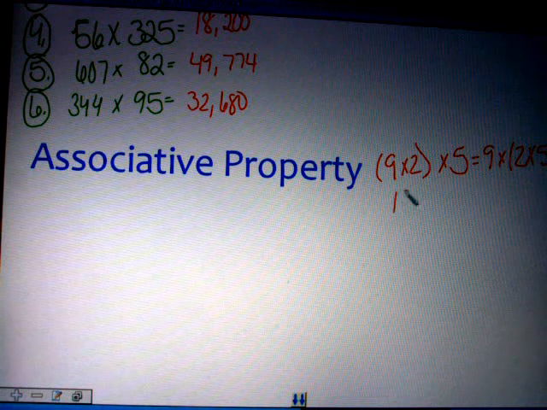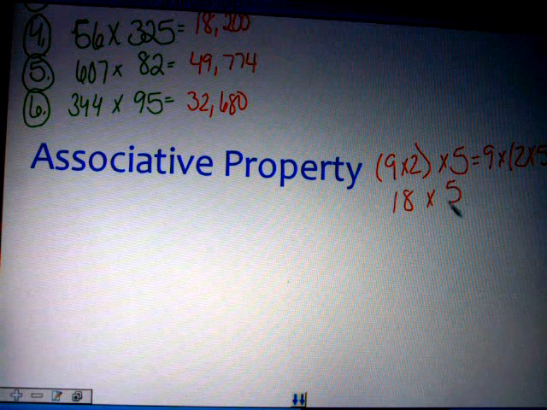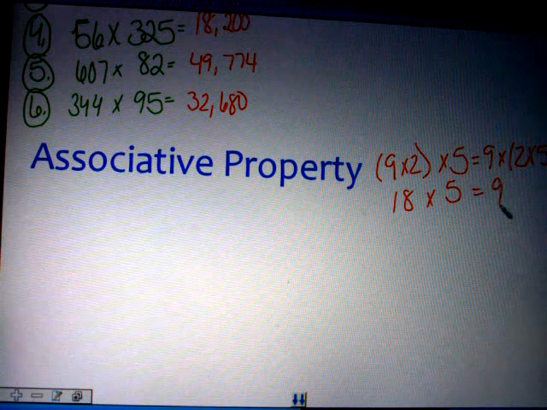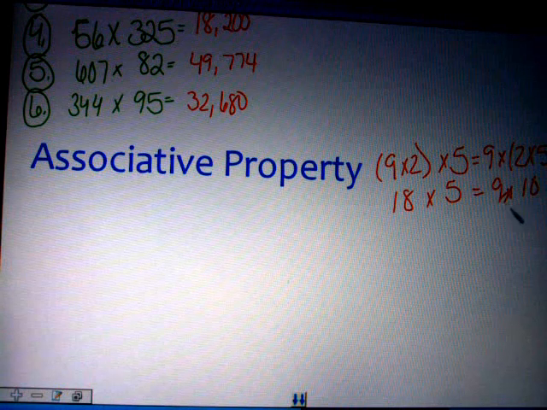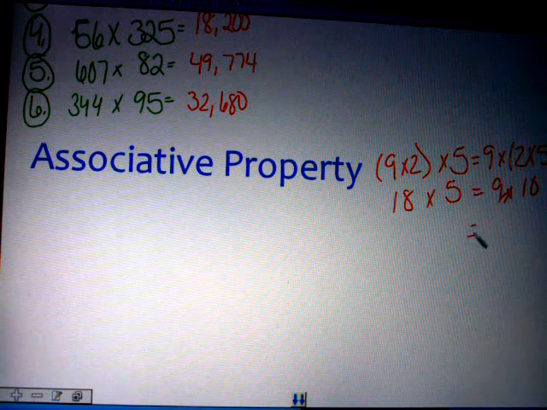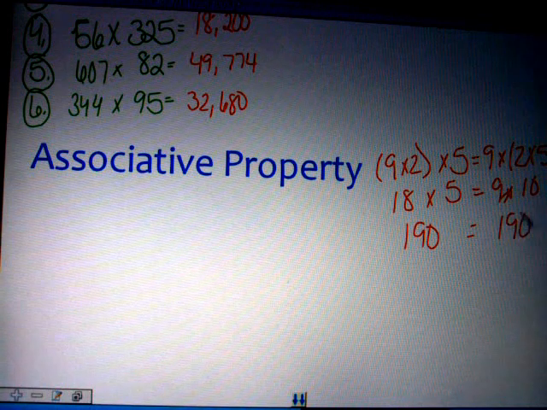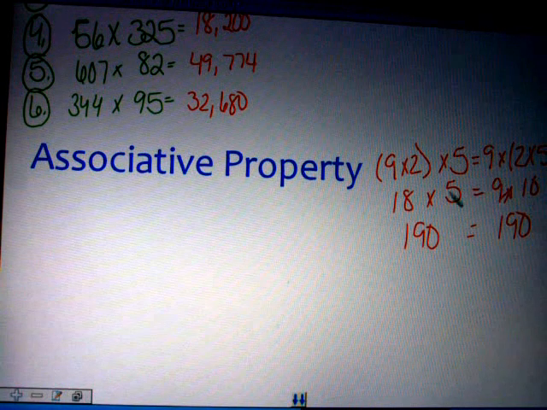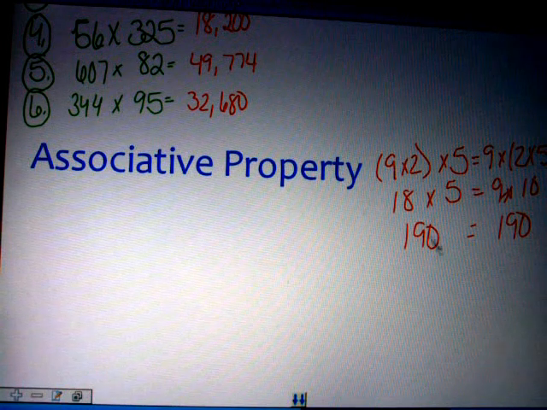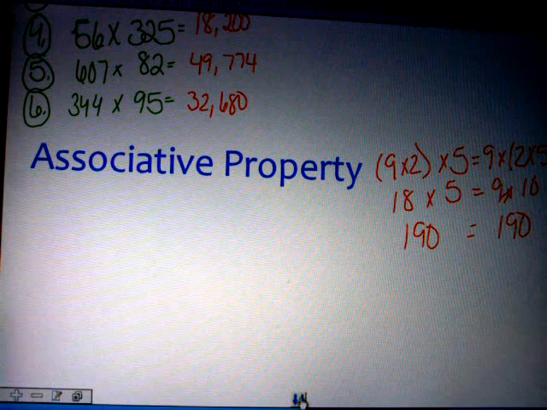So here I get 18 times 5. Here I get 9 times 10. Here I get 90. Here I get 90. It all works out the same. Just how you get the answer is different, but the answer is still the same. So that is the associative property.